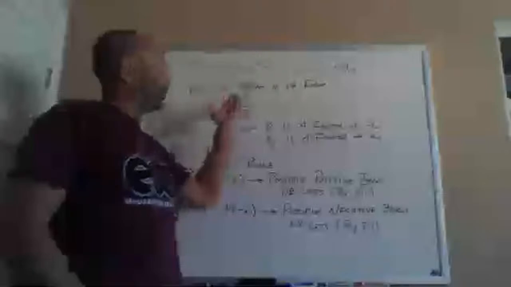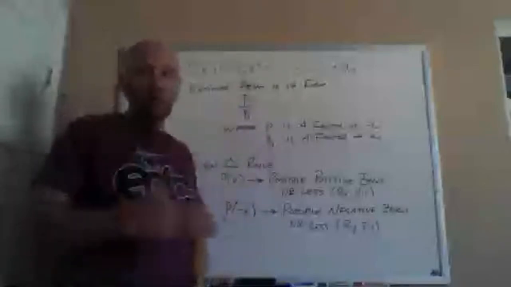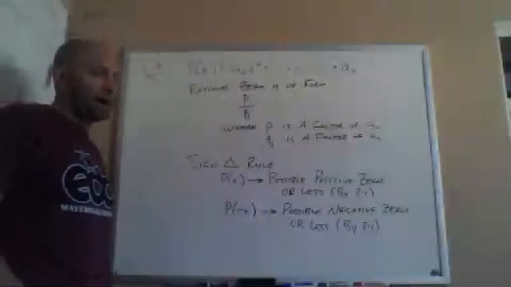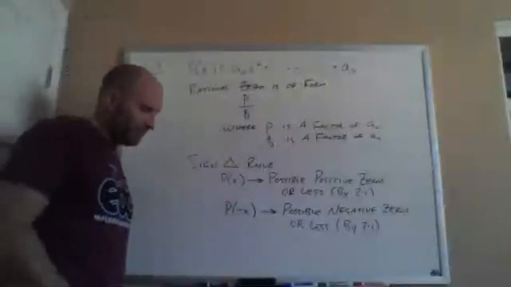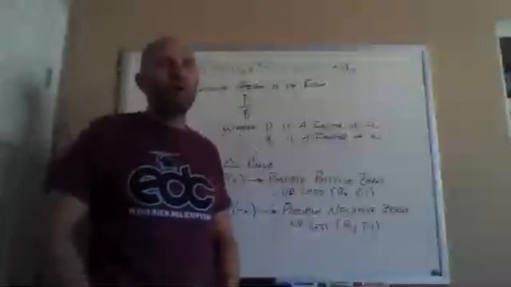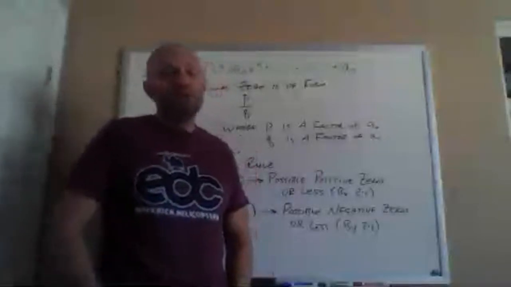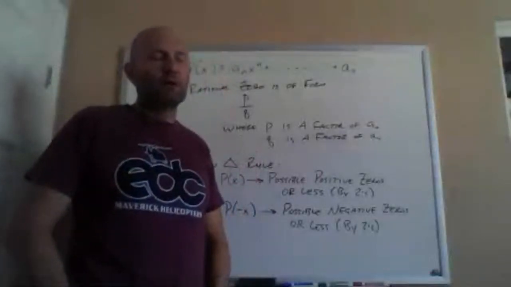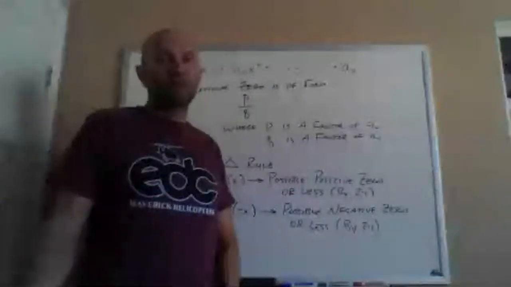So if we find all the factors of a sub 0 and all the factors of a sub n, positive and negative for both, and create these ratios, these are all the possible roots.